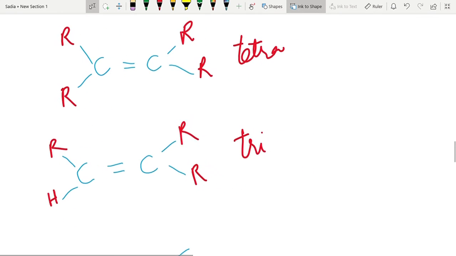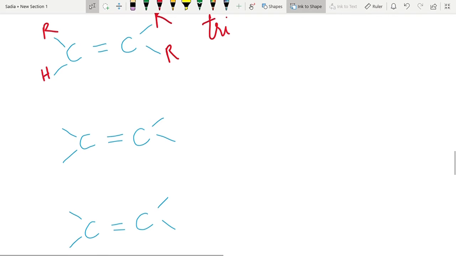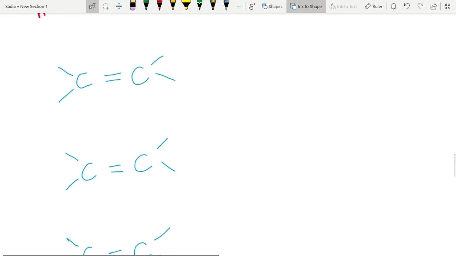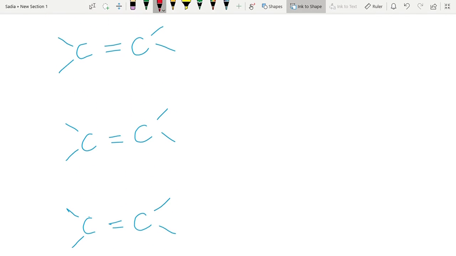Moving forward, we have di-substituted alkene. Now di-substituted can exist in 3 forms, right? One form is that both R groups are on the same carbon, right? And 2 hydrogen atoms are on the other carbon. Another possibility is that R groups are in trans position like this, and other 2 are hydrogen atoms.